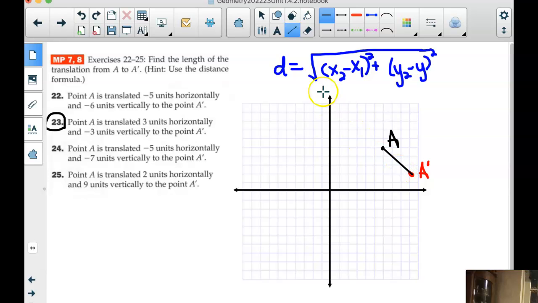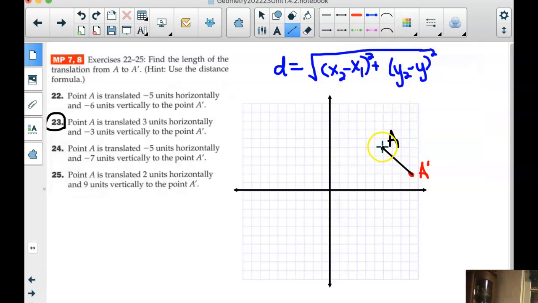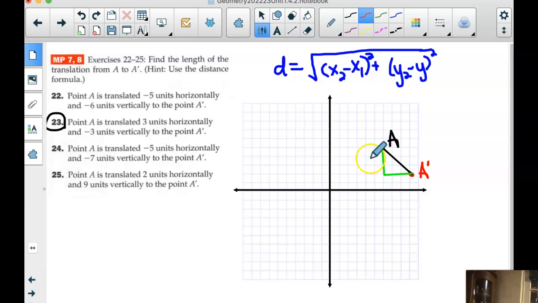All right, and I am going to draw the lines again for the right triangle. So I'm going down 1, 2, 3. I'm going over 1, 2, 3. And again, a squared plus b squared equals c squared. 3 squared we know is 9.